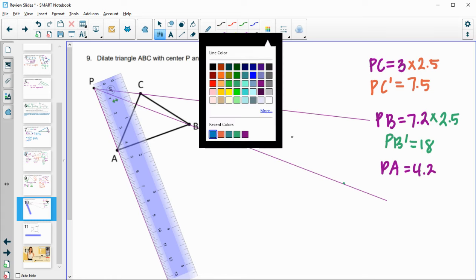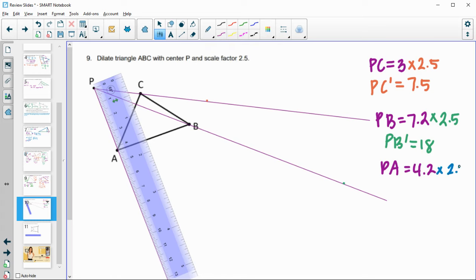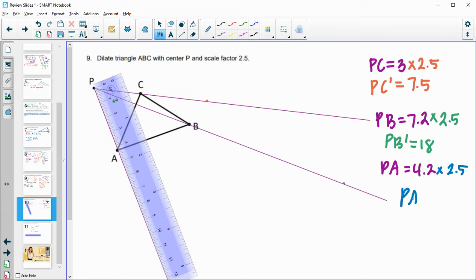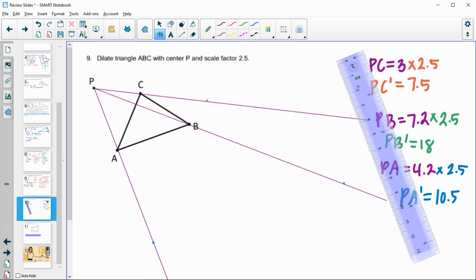Then I'm going to multiply by the scale factor of 2.5, and that gives us 10.5 for where A prime is going to be. So then we'll measure out to 10.5 along that line and draw our A prime.